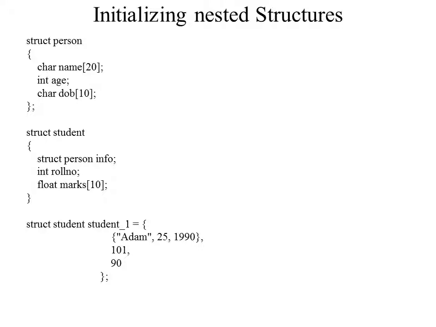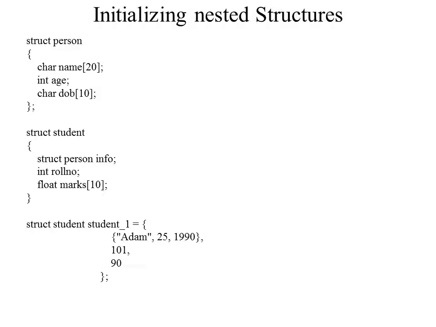So I want to assign the values to the variable of struct student. Firstly we will create one variable of struct student, student1. Now I want to assign the values. In the curly braces I should assign the values to the 3 members of the student, but the first member of the student is itself a structure of type person.